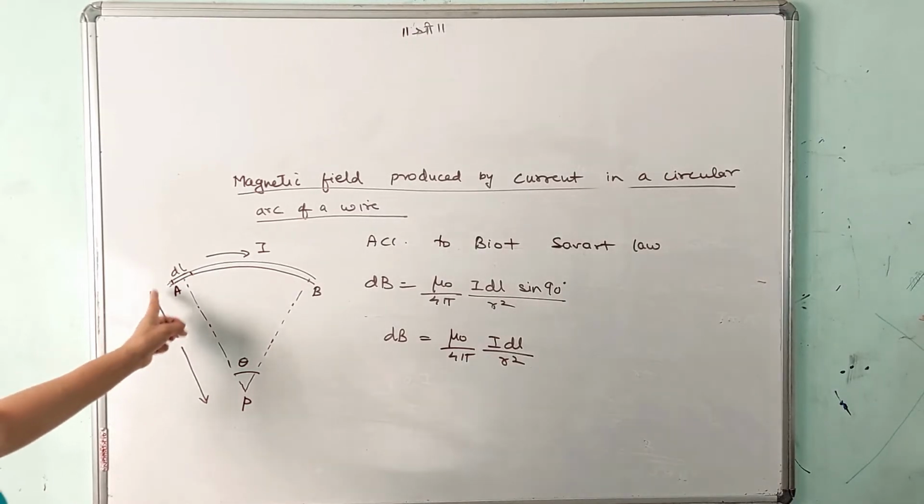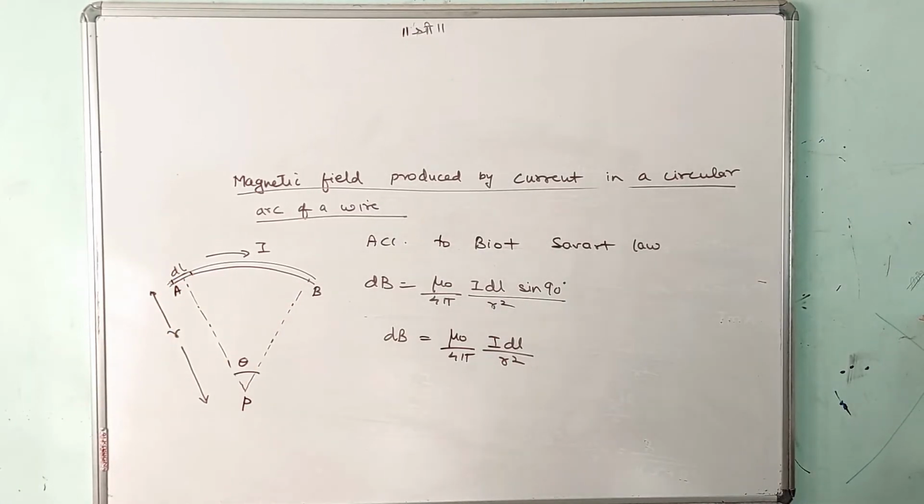Now if you want to find the total magnetic field, we integrate from where to where? This is not infinitely long, so from A to B, which we considered in the plane as 0 to theta.